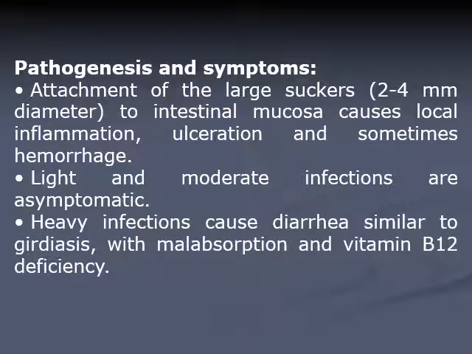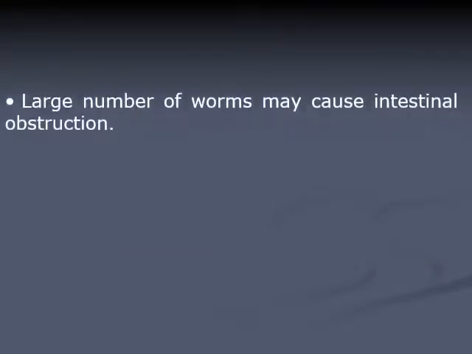In heavy infection, the irritation caused by the worm can cause diarrhea similar to giardiasis, with bloating and offensive odor and with malabsorption and sometimes vitamin B12 deficiency. The large number of worms may also cause intestinal obstruction sometimes.